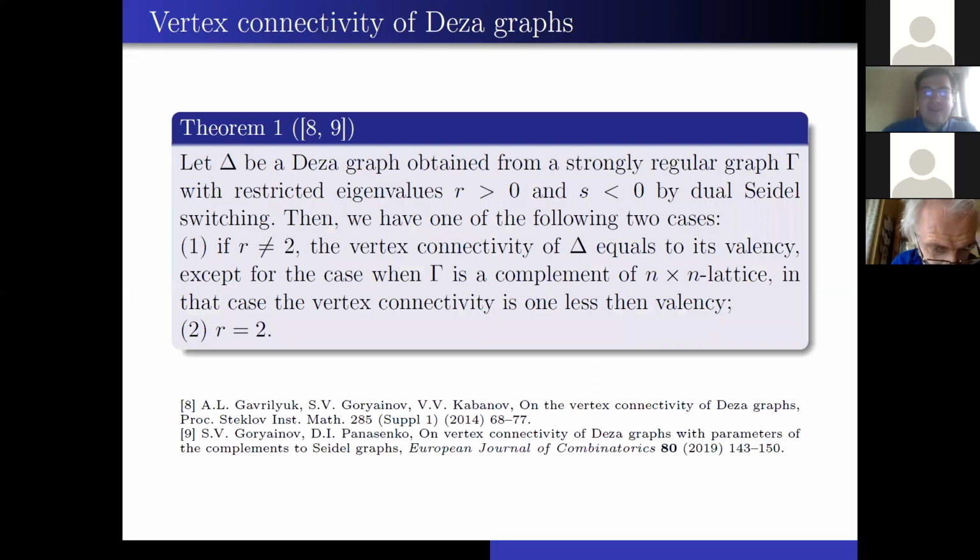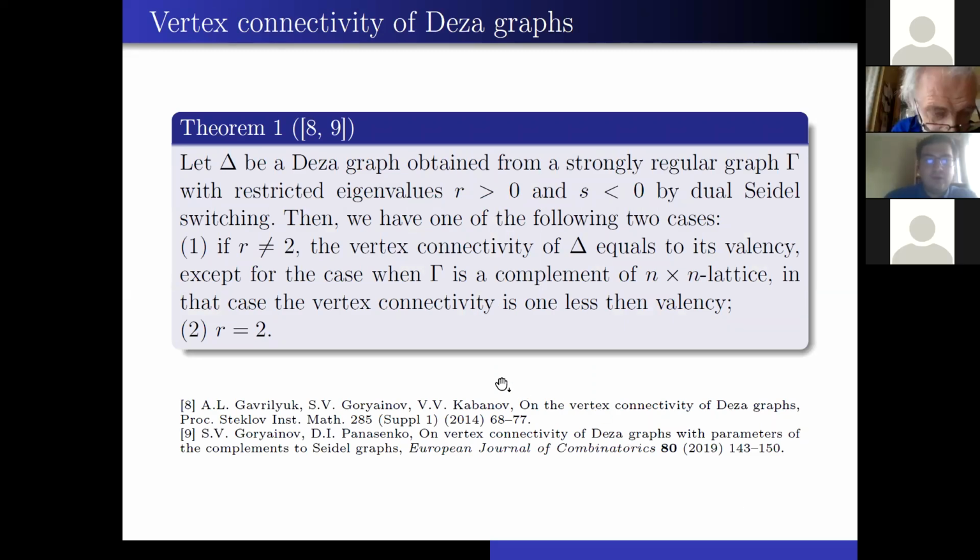And actually, there is a theorem for vertex connectivity of graphs obtained from strongly regular graphs with the help of a Seidel automorphism by dual Seidel switching. So in case the eigenvalue r of strongly regular graph gamma is not equal to 2, the vertex connectivity of the graphs obtained from it by dual Seidel switching equals its valency, except for the case when gamma is a complement of the n times n lattice.